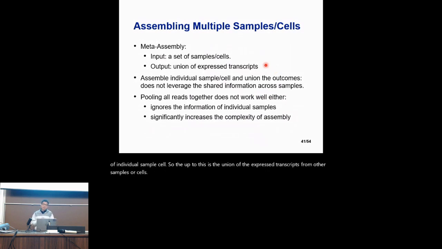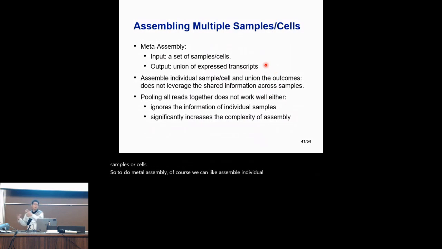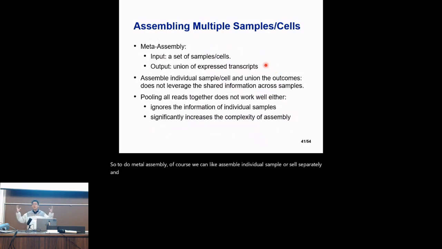To do meta-assembly, of course, we can assemble each individual sample or cell separately and independently, and then take the union of the outcomes. But this approach is not desirable because it ignores the shared information across samples. We can also do meta-assembly in another way, where we first pool all the reads together as a single sample and then assemble it.